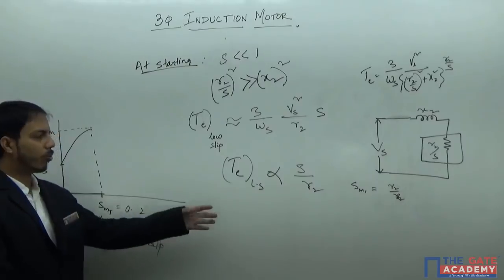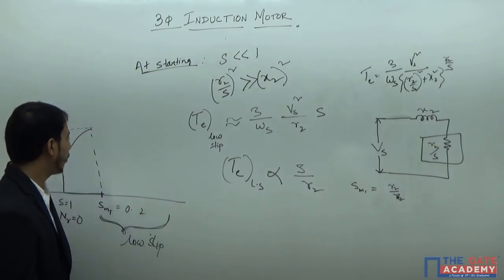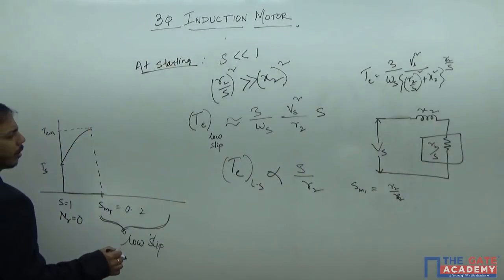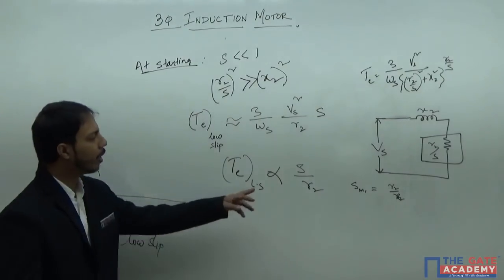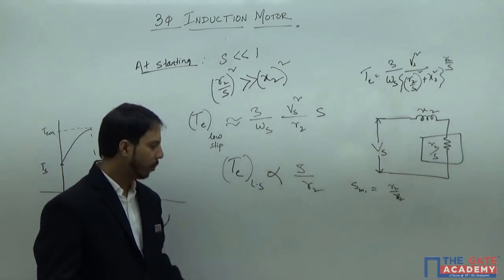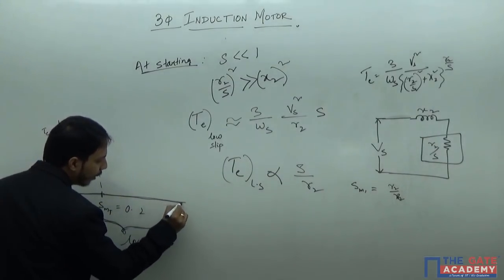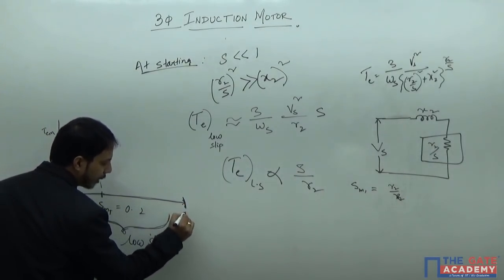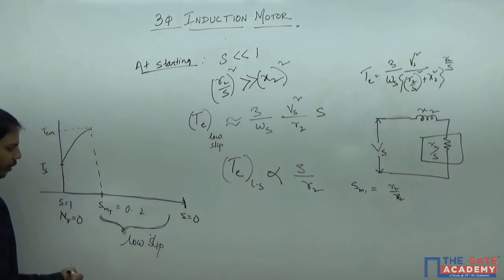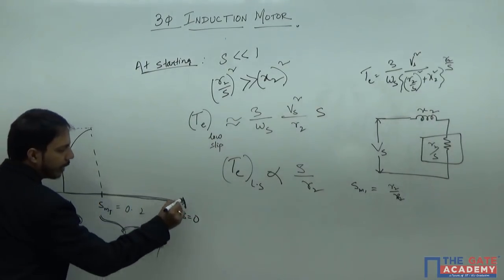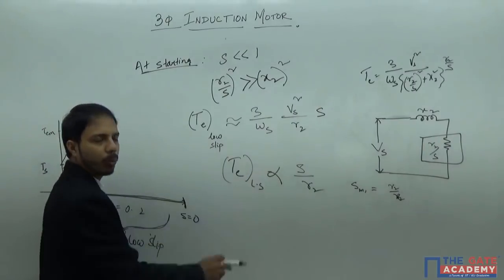So these are no load or full load conditions. Now this is directly proportional to slip. That means if my slip is decreasing, and suppose this is S equal to 0 here, my torque is directly proportional to slip.